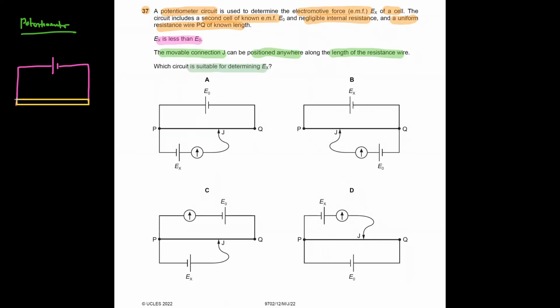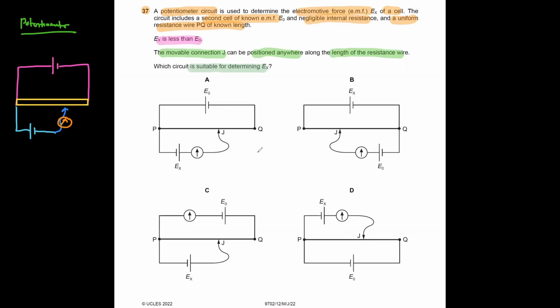So you're trying to measure an EMF now. The EMF will be connected to the bottom of your circuit. And then there will be a connection called your movable jockey right over here. Along the path of your movable jockey, you would have to put a galvanometer so that you would know when you have reached balance length.